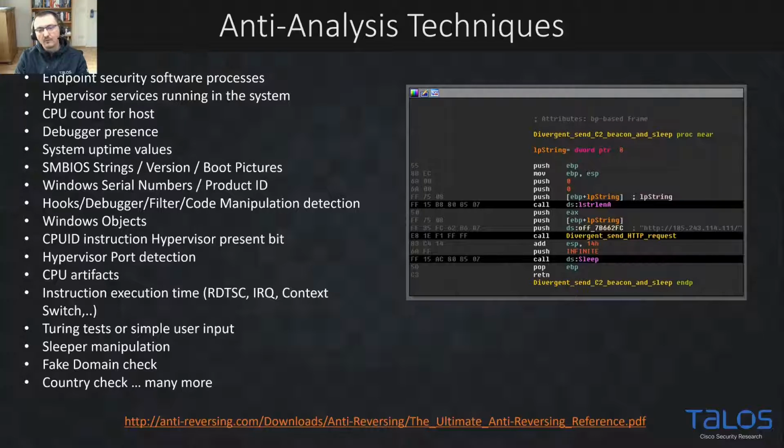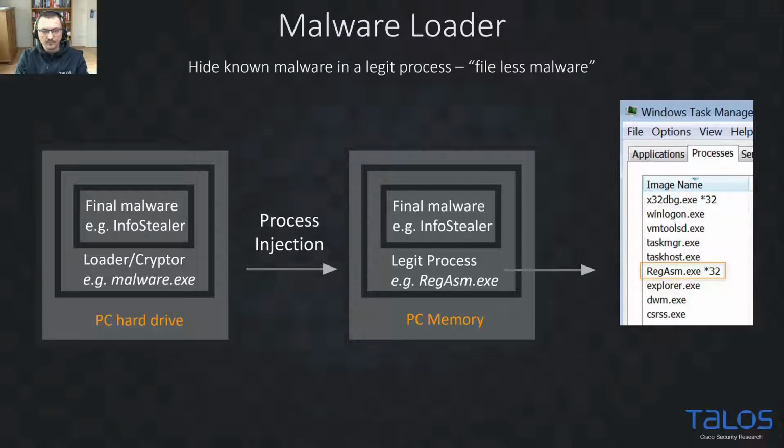And if you're interested in these kind of things on a low-level base, I can heavily recommend you this Ultimate Anti-Reversing reference, which is not really new, but it comes with a pretty nice collection of different bypassing techniques. So what we have seen so far is pretty much what malware is doing since the last 10-15 years at least.